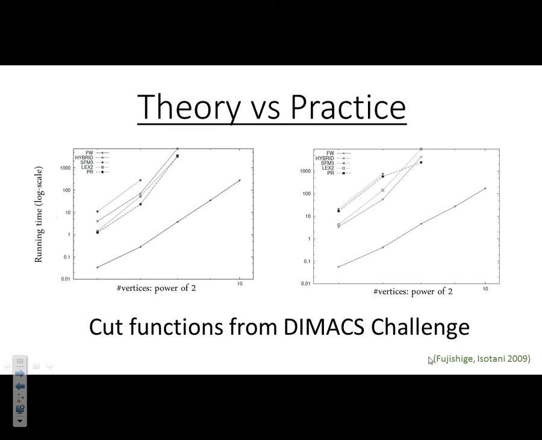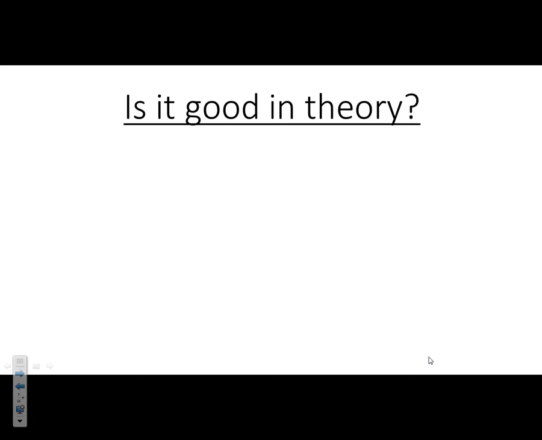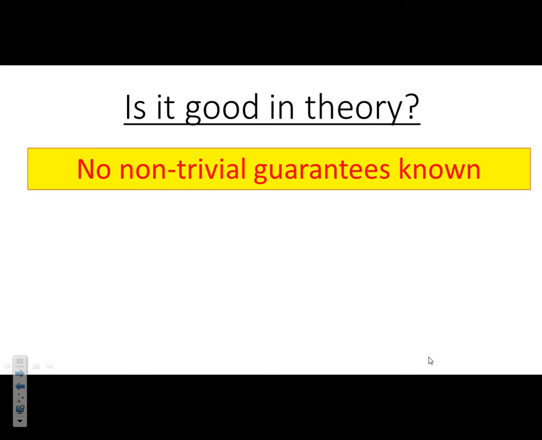It will be interesting to see where the current best algorithm lies in this graph, but this was the state of affairs. So in general, it seemed that the Fujishige-Wolfe heuristic did better. I should warn you that it's not super fast. It's not that they're solving submodular function minimization in linear time or anything, but it's still way better. And the question was how good is it in theory? And basically, we'll see that the heart of the matter lies in how good Wolfe's algorithm for the geometric problem, which I'll talk about, is.